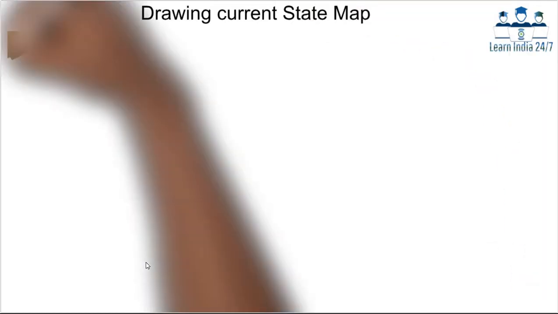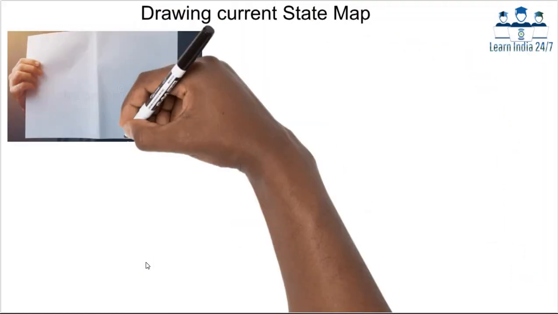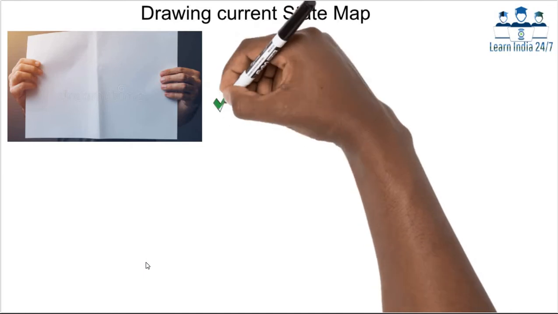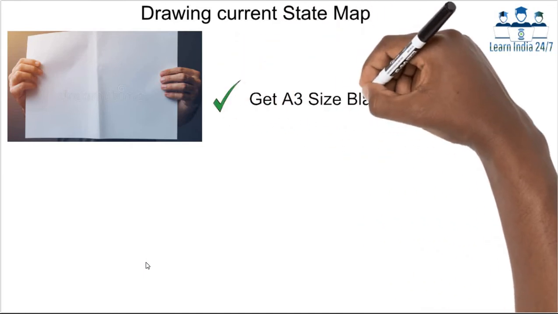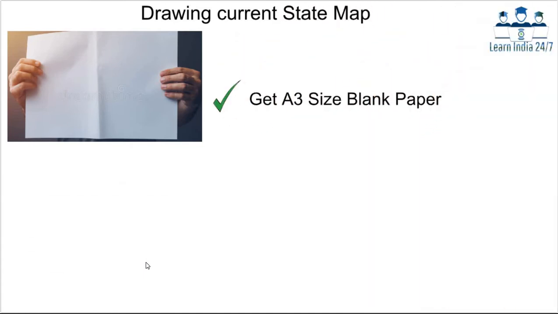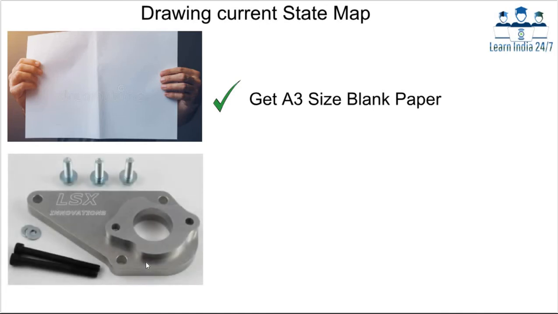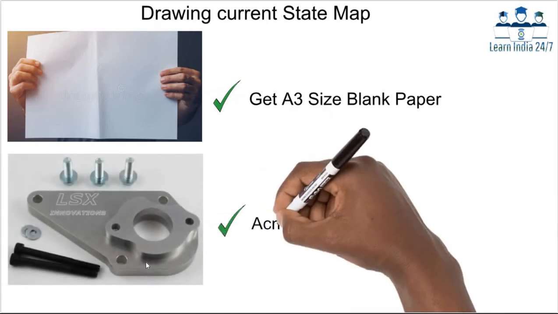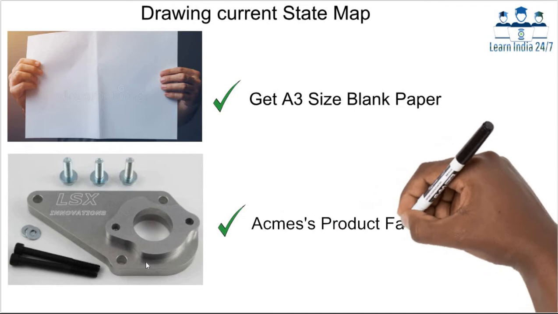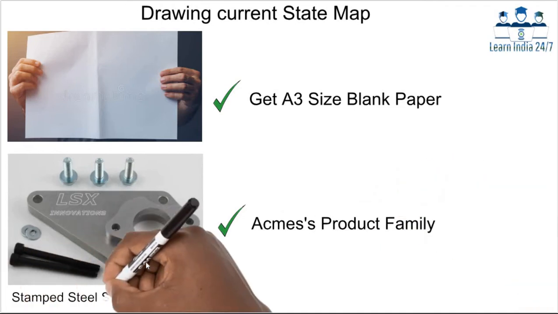To draw a current state map, get yourself a blank sheet of paper of size A3 and a pencil to draw it along with us. Acme's product family to be mapped is the stamped steel steering bracket.